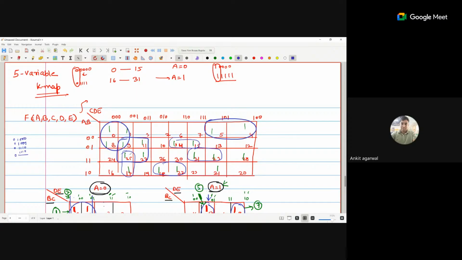Getting this one. 1, 2, 3, 4, 3, 4, 5. This one is 11, so this one 6. Zero, 1.